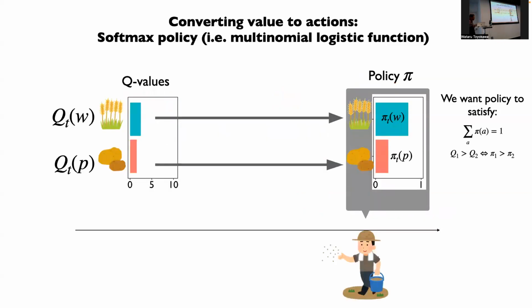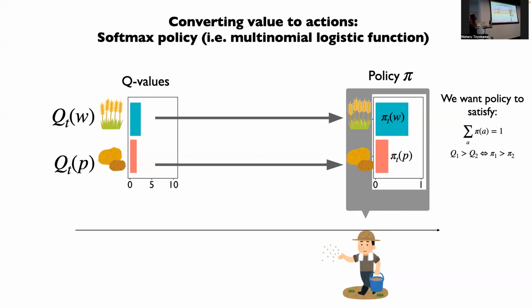Now we have the Q value, and this Q value needs to be mapped onto choice action generation, which is called the policy. What we want is for the policy to be a choice probability, so the sum over all probabilities needs to be 1.